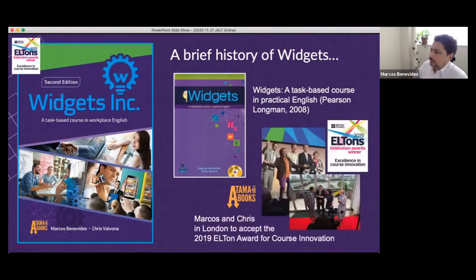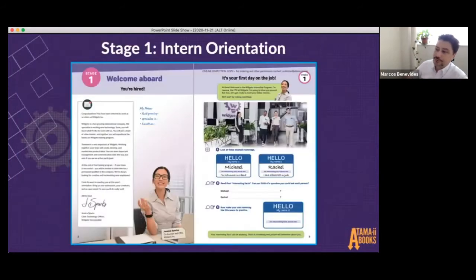And we published a second edition of Widgets, which went on to win last year the ELTons, which is sort of the Academy Awards of English language textbooks. So you can see Chris and I there on stage with some luminaries of London, and on the red carpet and so on. They do a big celebration, very Academy Awards-like. So that's a brief history of Widgets, and that's where we are now.